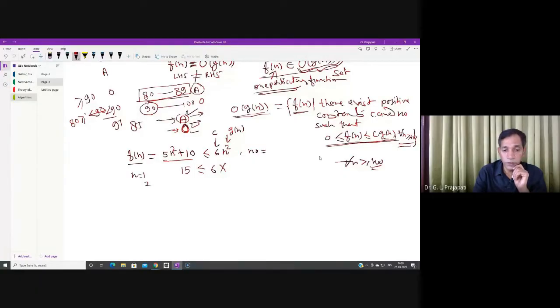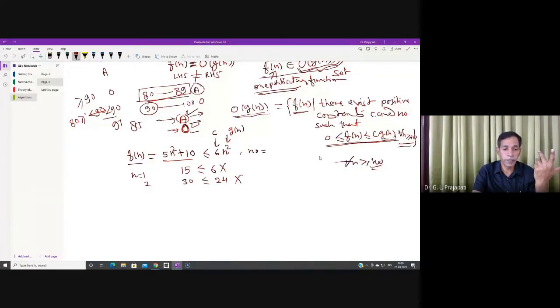But if n is equal to 2, then 4 times 5 means 20, plus 10, 30. You can say this is 30, and it should be less than or equal to 4 times 6, which is 24. Still, it is not satisfied. You cannot say that this is less than or equal to this.